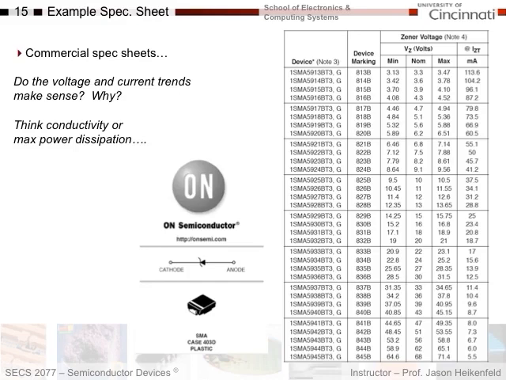Here are some commercial spec sheets for some Zener voltages. If you look at this, they give the Zener breakdown voltage and the current. You can see when you're at low voltages for Zener breakdown, heavily doped, you can have a lot of current through it. And then as you go to higher voltages, the current decreases. I'm not sure exactly if these are indeed all Zener, or if some of these become avalanche at higher voltages.